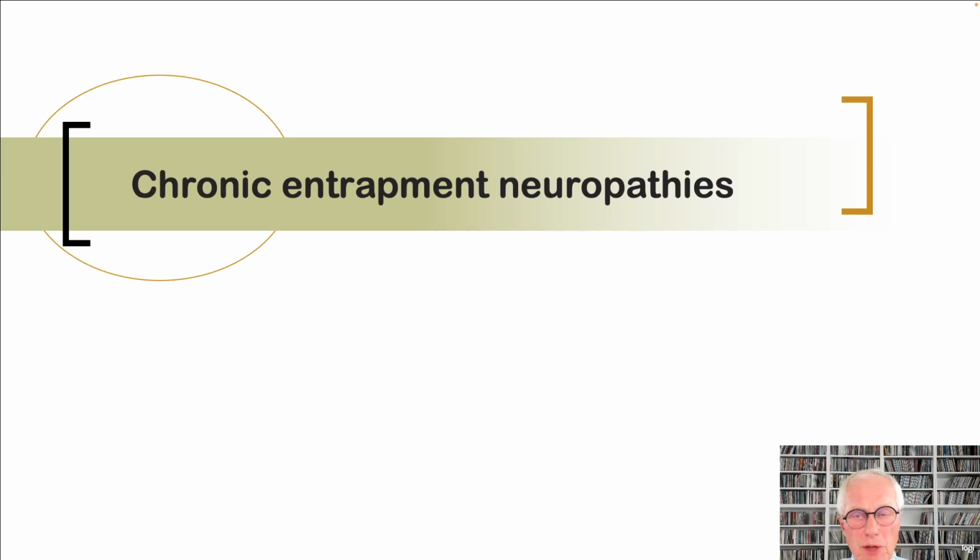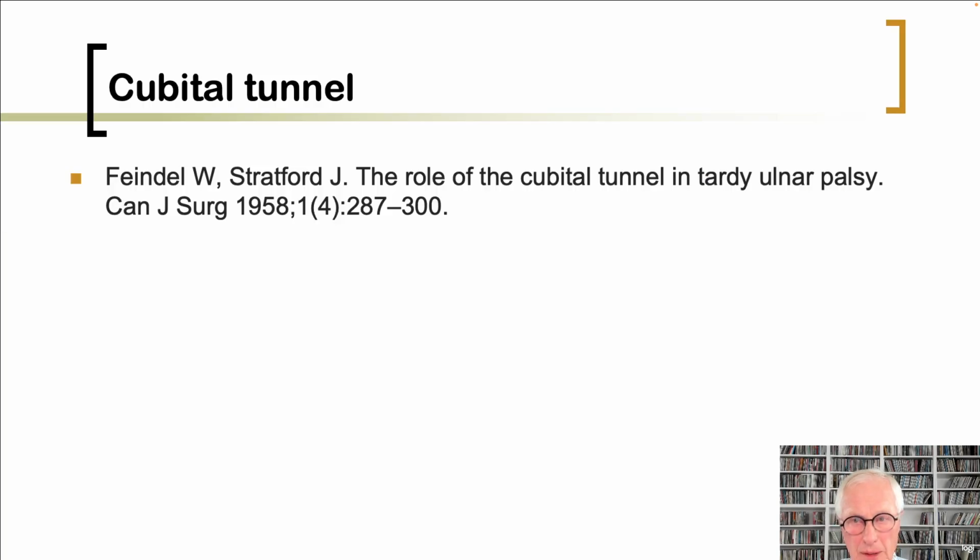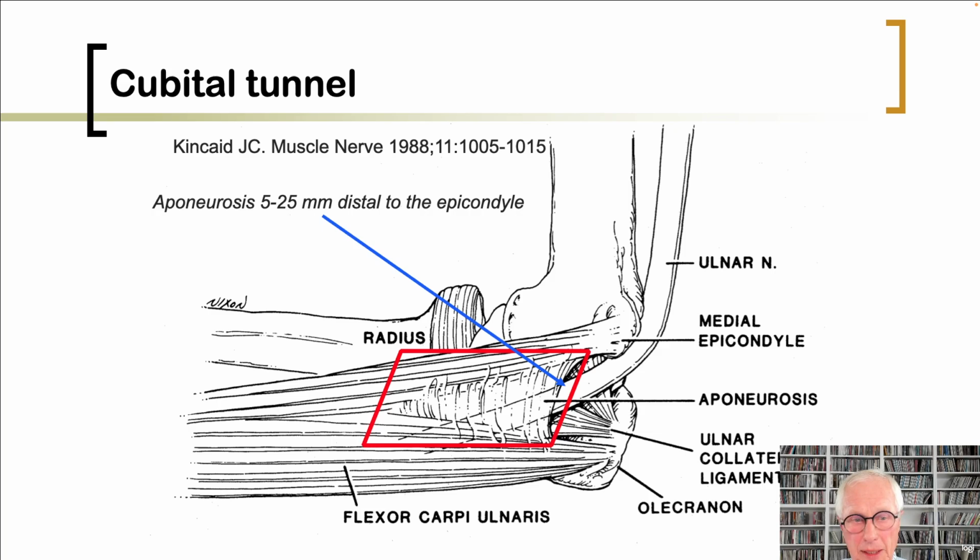Chronic entrapment neuropathies at the elbow do occur, and Stafford and Feindel were the ones that described this cubital tunnel. And here we do see sometimes entrapments that occur at the aponeurosis of the cubital tunnel.